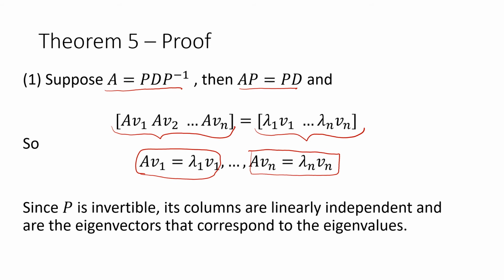So P's columns have to be linearly independent. But from our equations up here, it means that they are eigenvectors. So P is a whole bunch of linearly independent eigenvectors of A. So that's the first part.